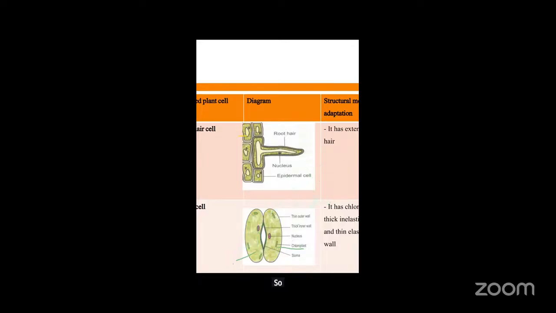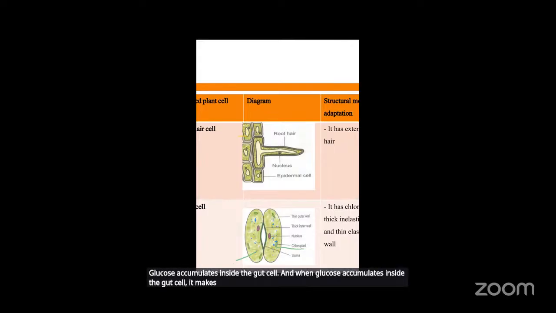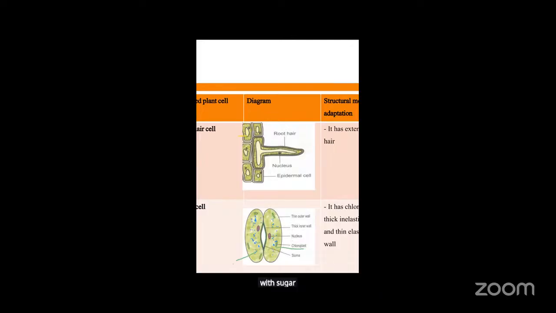So I'm saying that when the guard cell carries out photosynthesis, glucose accumulates inside the guard cell. And when glucose accumulates, it makes the guard cell highly concentrated with sugar or glucose than water.